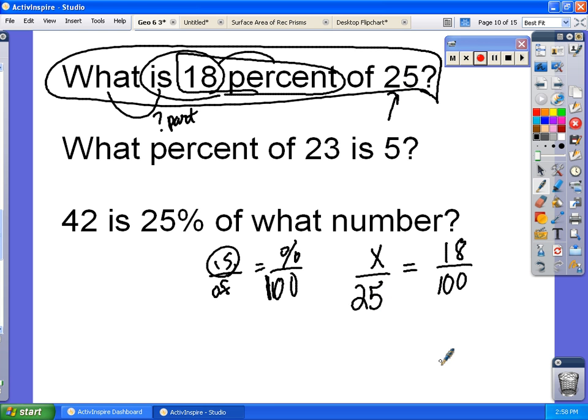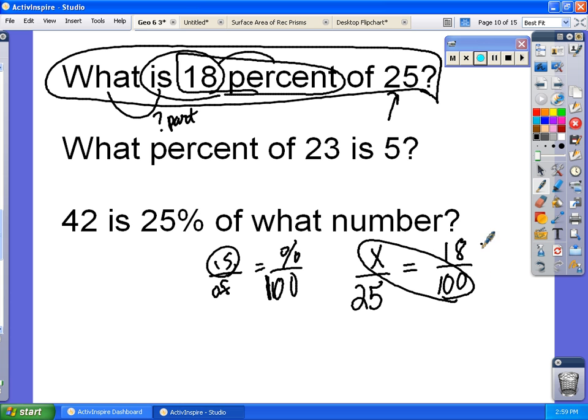Now, once you get a proportion, we're pretty much saying 18% is a really small percent. It's not going to be super small, but you're not going to get a really big number, and you only had 25 wholes. So X is going to be something like 5, it might be 6, it might be 4 out of 25. If you do something 18% of the time, and you've only done something 25 times, the X is going to be somewhat small.